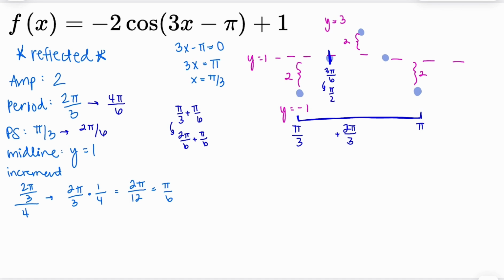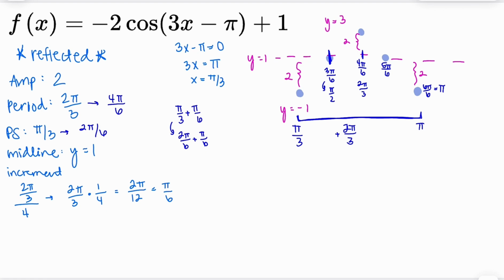So that's pi over 2. This will be 4 pi over 6 because I'm just adding pi over 6 each time. But again, that's going to reduce to 2 pi over 3. This will be 5 pi over 6. This would be 6 pi over 6. And that reduces to pi, which is what we needed. So now I have all the information I need.